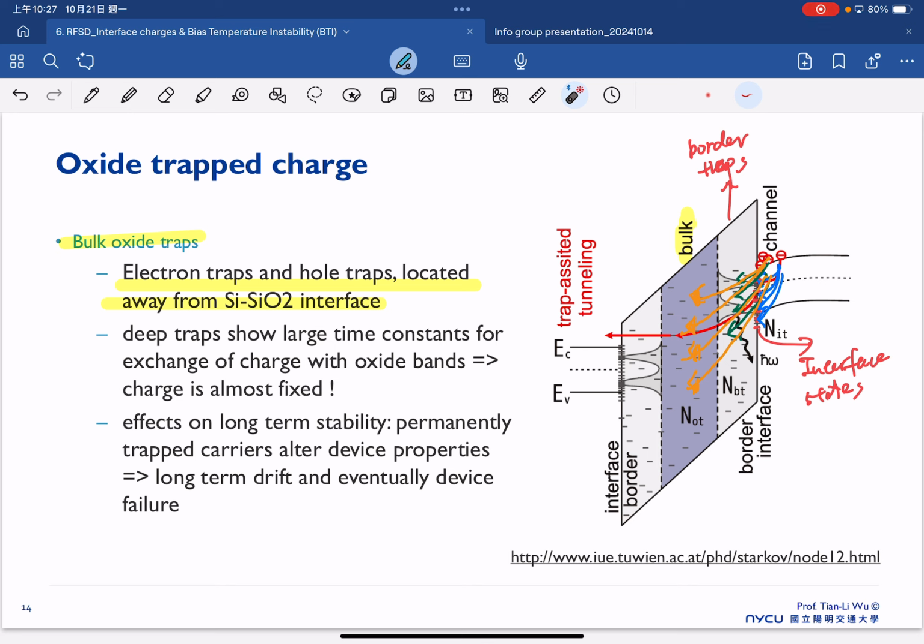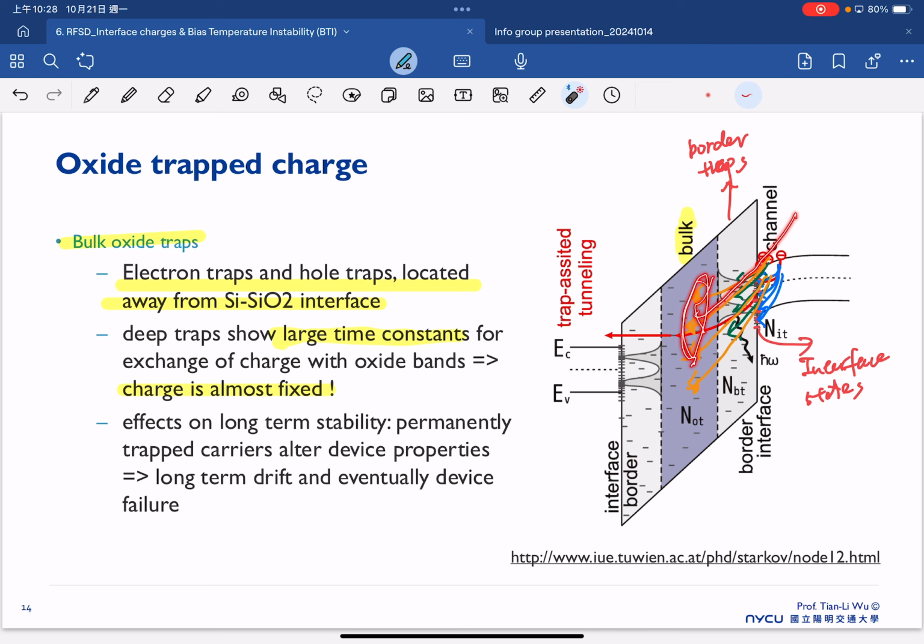But of course, how we can make this theory is based on some very scientific proof. For example, if we have electrons trapped in the bulk region, usually we have a very huge time constant. So the charge is almost fixed. That means once your electron is trapped in this region, probably the electron will stay here forever.